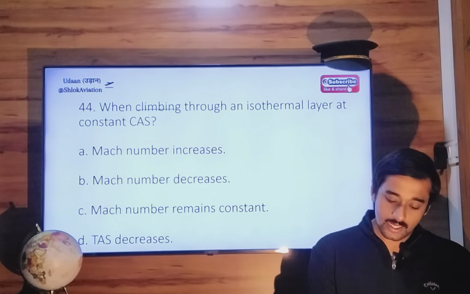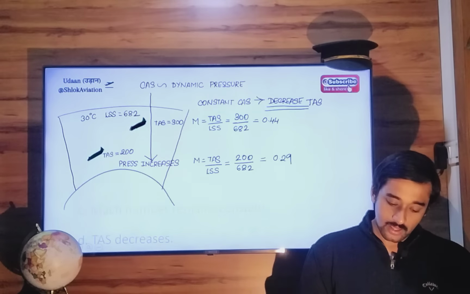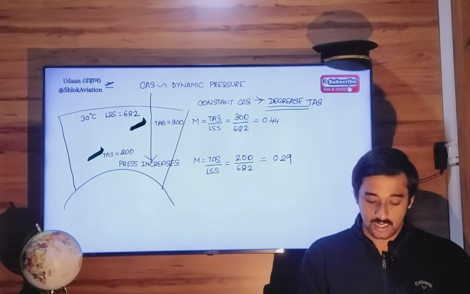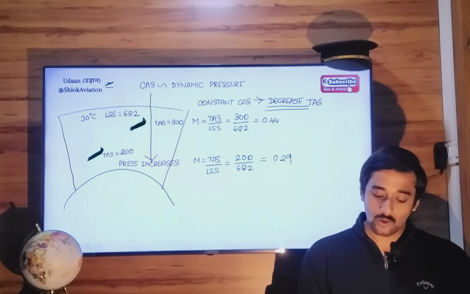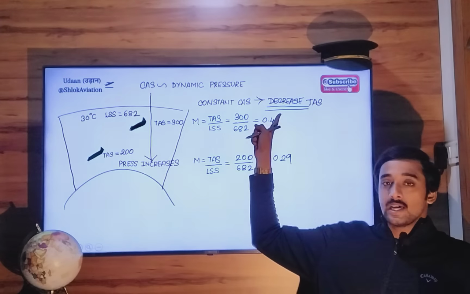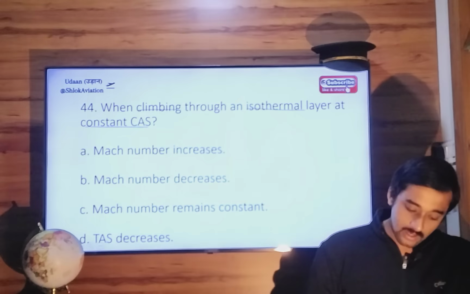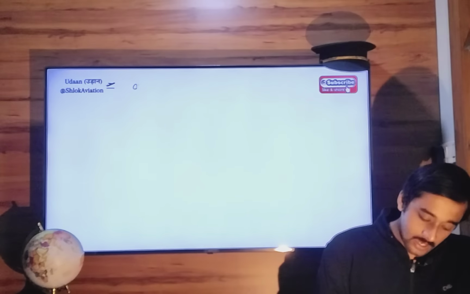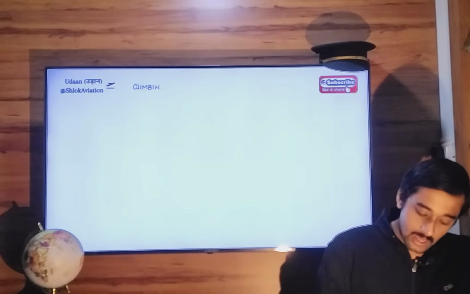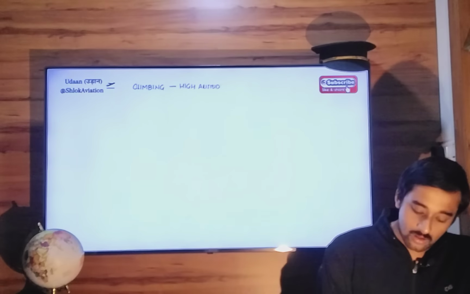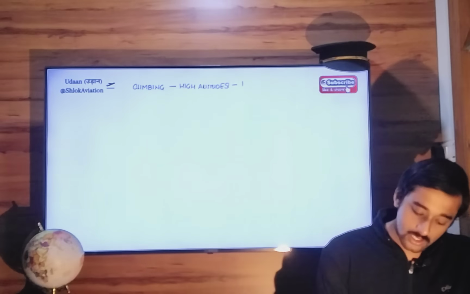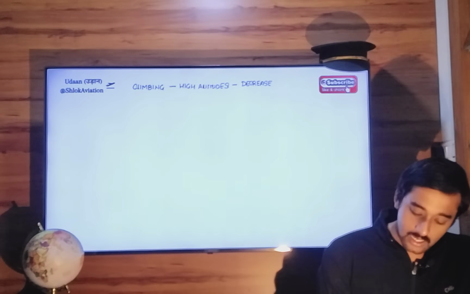When climbing through an isothermal layer at constant calibrated airspeed. Now here you were descending at constant CAS, and if you want to climb at constant CAS, you will have to do the opposite. You will have to increase your true airspeed. Climbing towards high altitudes, you will encounter decreasing pressures.